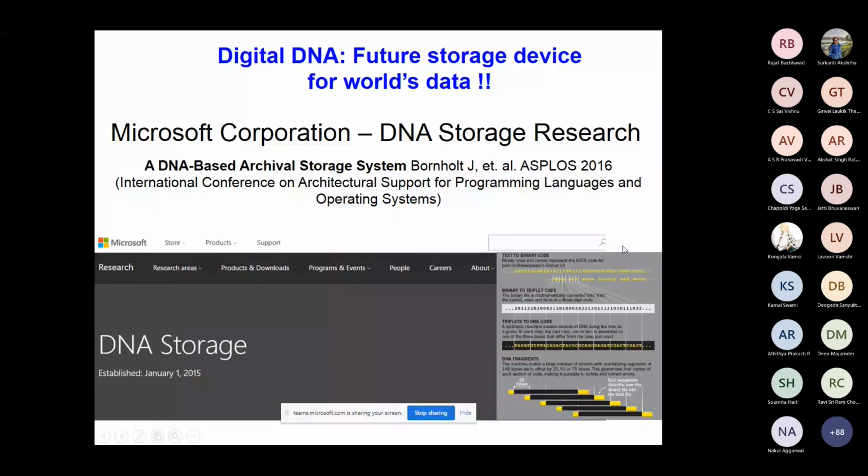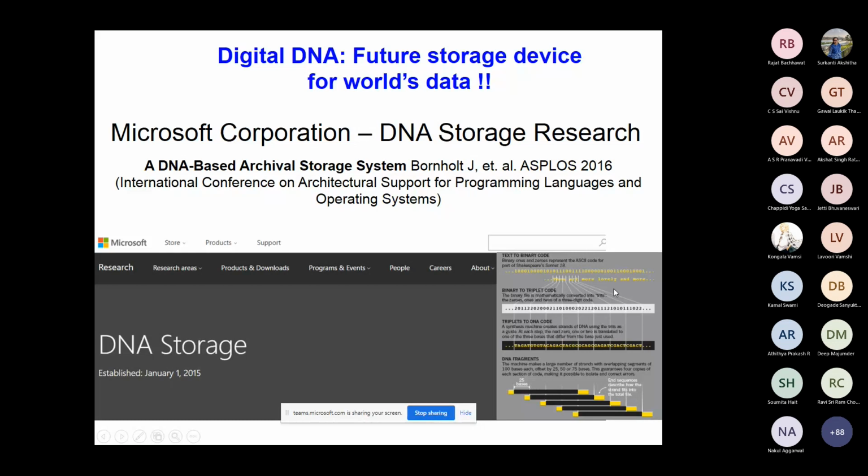I'm not going through these details here, but you will see later how they explain that they code information. Information here means they use some lines from Shakespeare's poem; it's written here. You can go through the details later.